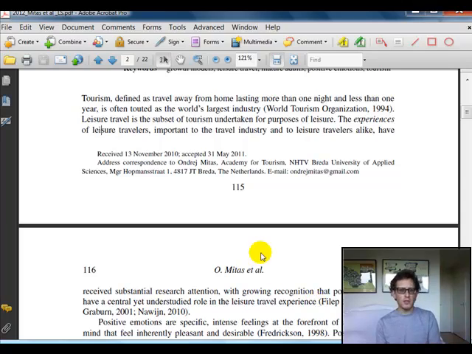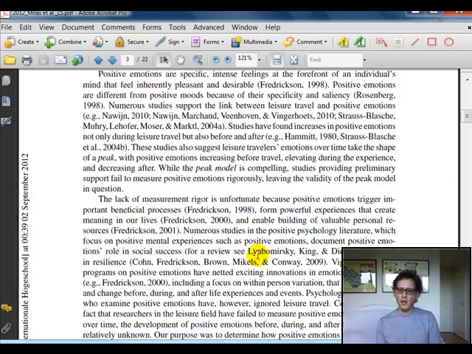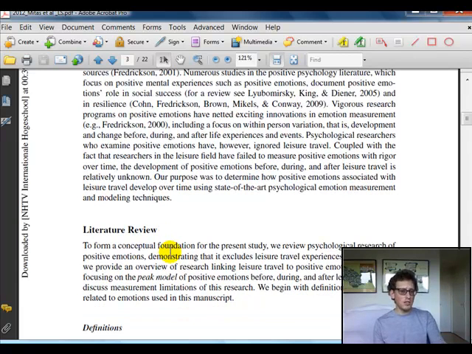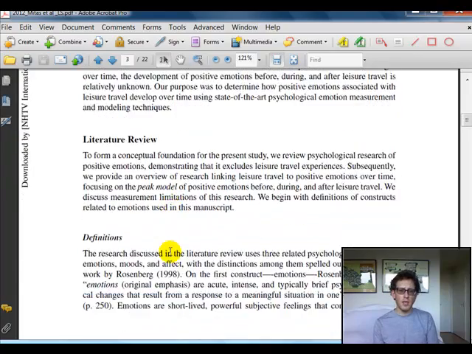They are important. Okay? And the rest is just details until we get to the literature review. In the literature review, I pull together all the previous research about positive emotions, and I make the argument that something from the previous research on positive emotions in tourism is missing.